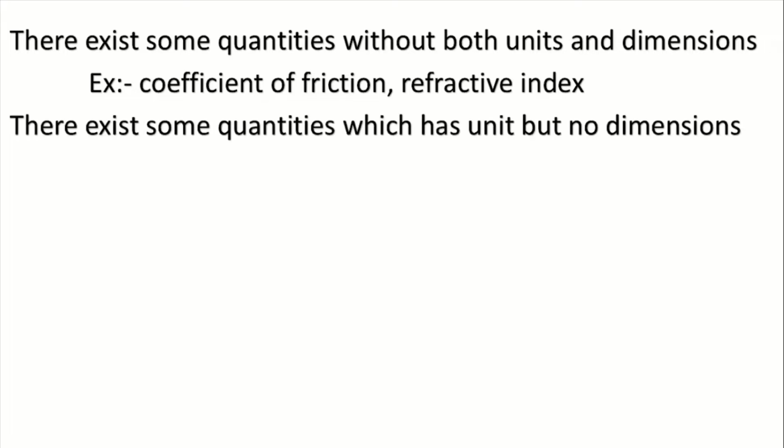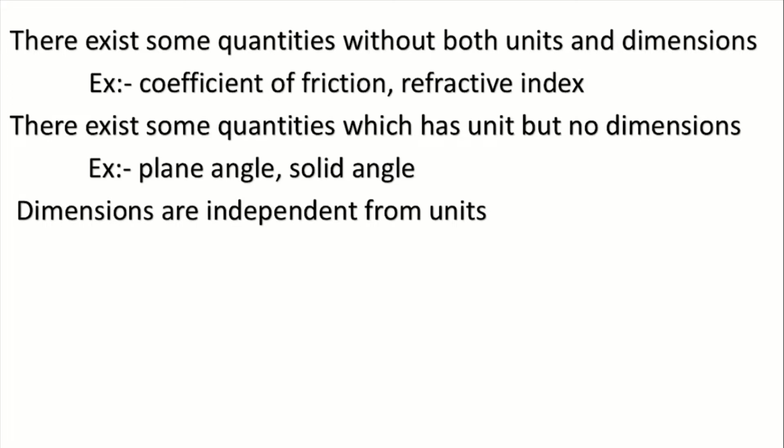And there exist some quantities with units but no dimension, such as plane angle and solid angle. These two are supplementary quantities. We measure plane angle in radians, and solid angle in steradians. But neither of these has any dimensions.